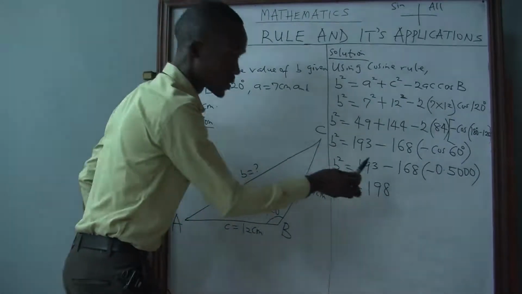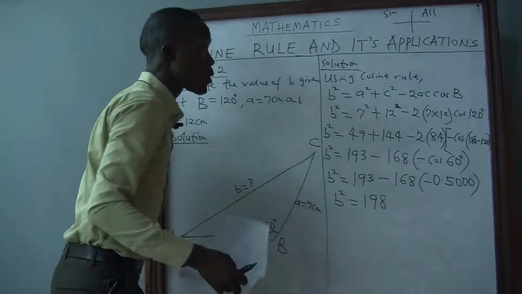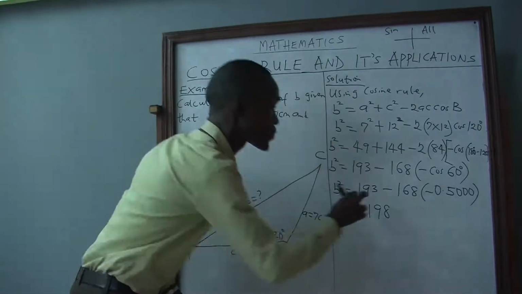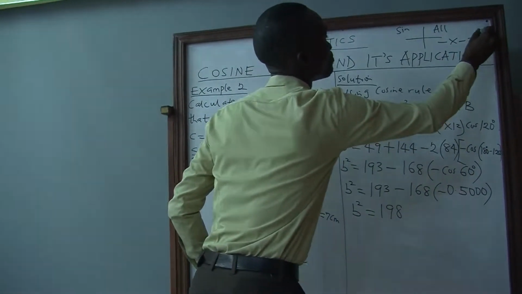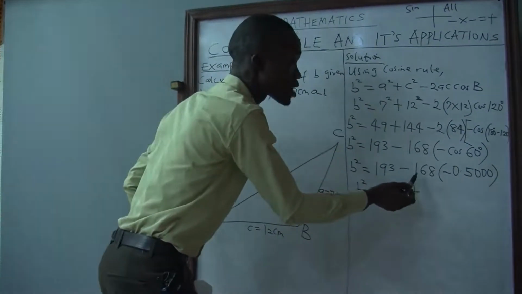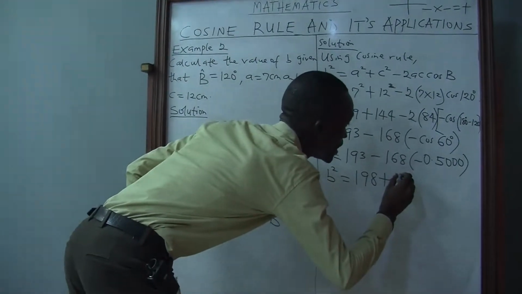And from there we have b squared is equal to 193 minus 168 into minus 0.5. Now we want to open that bracket, and when we are opening the bracket we make use of multiplication. So the product of minus and minus, minus times minus, that is plus. So this sign we change to plus, and the product of 168 and 0.5 will give us 84.